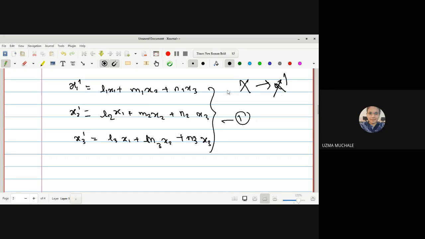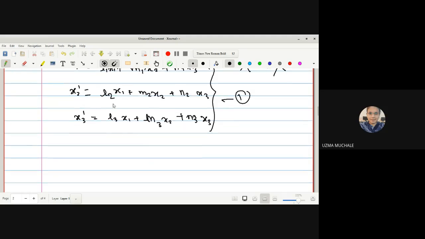Now, in a more general form, instead of using direction cosines, we can use other terms as x1 dash. I can write it as a11 x1 plus a12 x2 plus a13 x3.